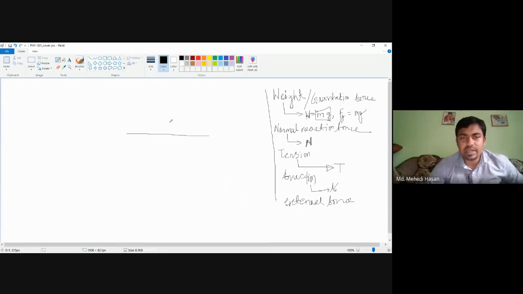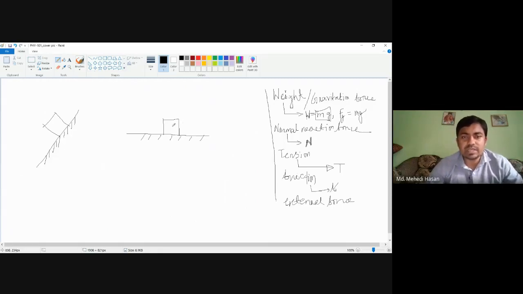Say there is an object here, or an object on an inclined plane. If the surface is frictional, then friction is present. But if there is no friction involved, we say the surface is a frictionless surface, and for a frictionless surface the frictional force is 0.